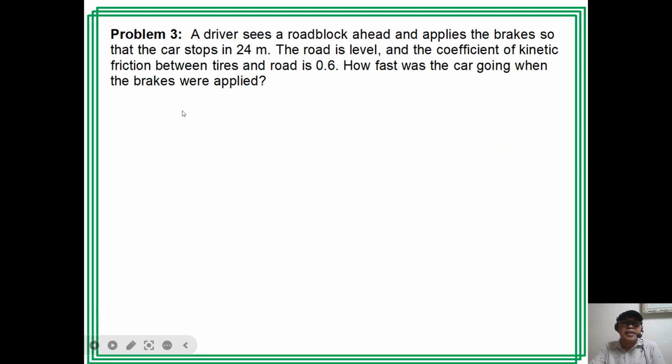Next problem we have here. A driver sees a roadblock ahead and applies the brakes so that the car stops in 24 meters. The road is level and the coefficient of kinetic friction between tires and road is 0.6.